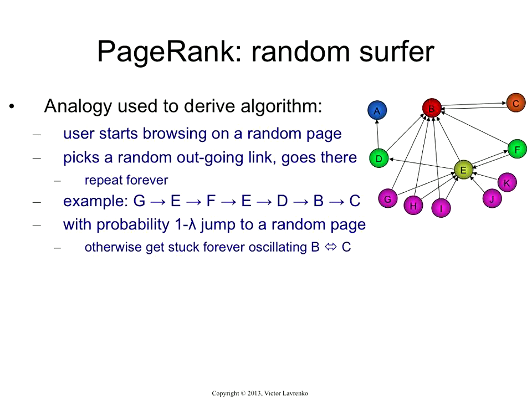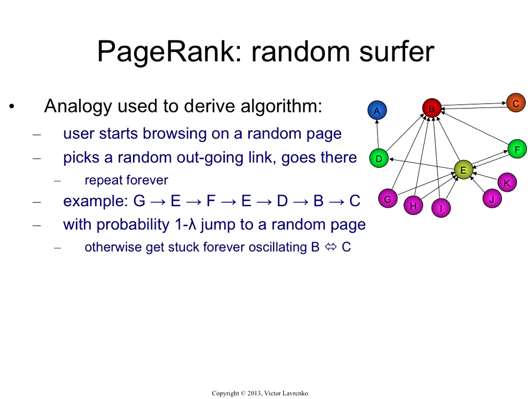Now, why do I need to do that? Why do I need to hop to a random page? Yeah. So otherwise, strange things will happen. So for example, if at any point I end up in B, and then I hop to C, and then from C I can only go to B, and from B I can only go to C, so I'm going to get stuck in there forever, right?